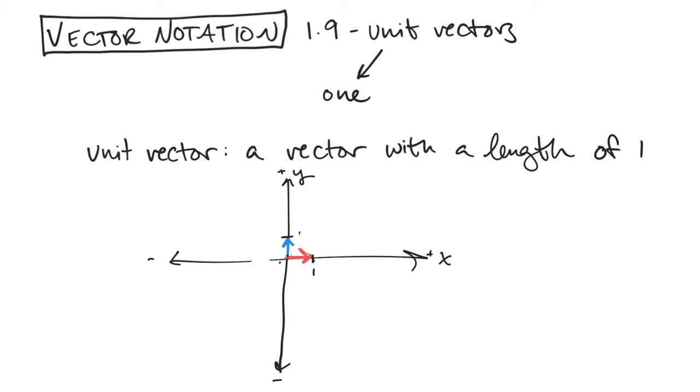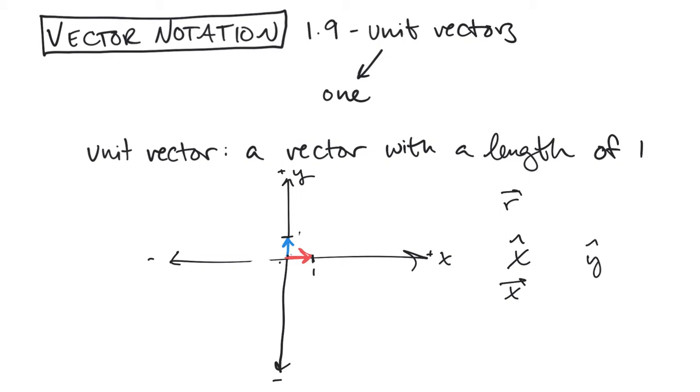So those two unit vectors are notated a little bit differently than a regular vector. A regular vector we notate with an arrow. However, a unit vector we notate with what's called a hat. And it looks like a little carrot top that is above the letter. So x hat is a unit vector, whereas x with an arrow would just be a vector.